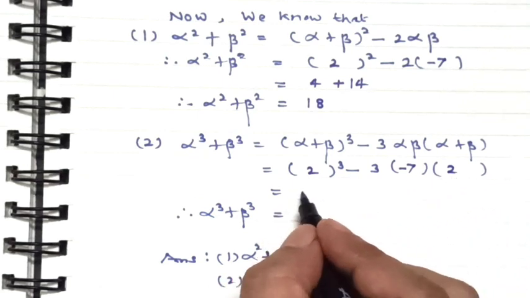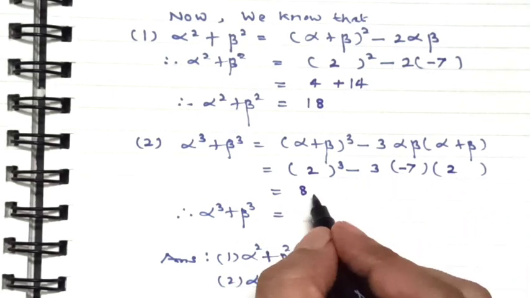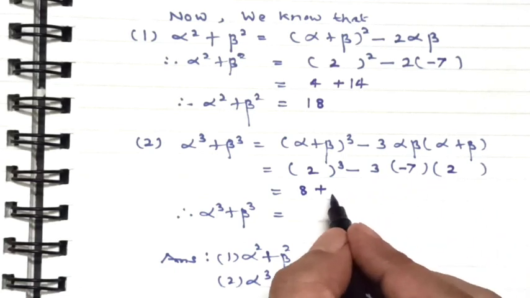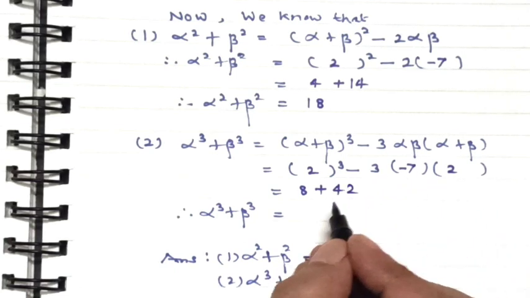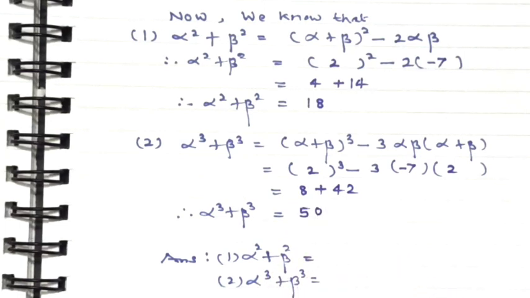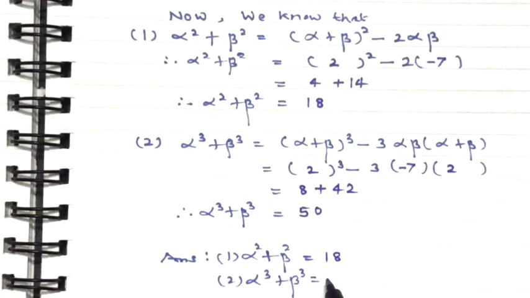That will give you 8 minus minus plus 21 into 2 is 42. That will give you 42 plus 8 is equal to 50. So your answer is alpha square plus beta square is equal to 18, whereas alpha cube plus beta cube is equal to 50.